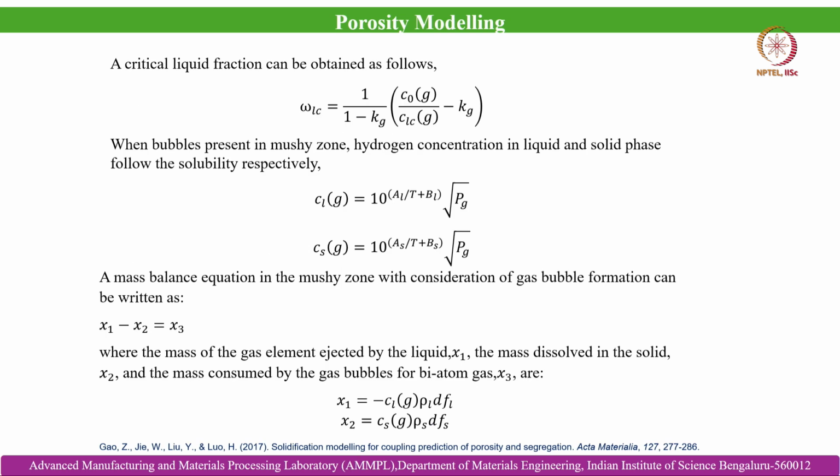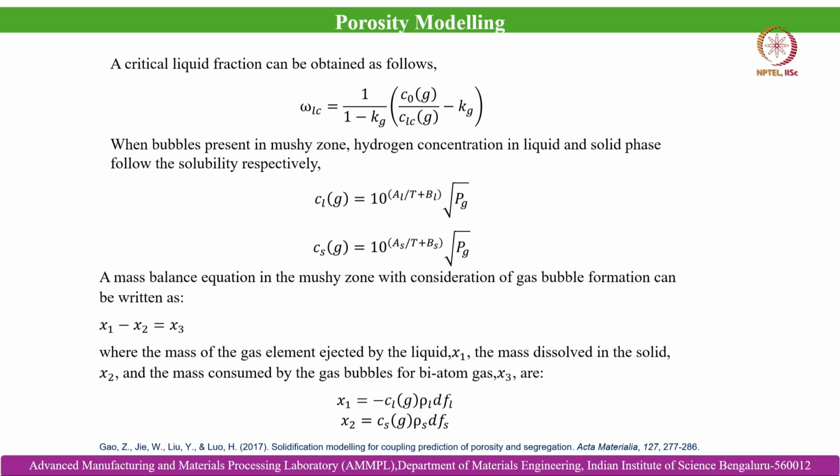We can also define the critical liquid fraction as omega L C, which is equal to 1 by 1 minus Kg into C 0 g by C L C minus Kg, where C L C is the critical liquid concentration. When bubbles are present in the mushy zone, the hydrogen concentrations in the liquid and solid phases follow the solubility respectively.